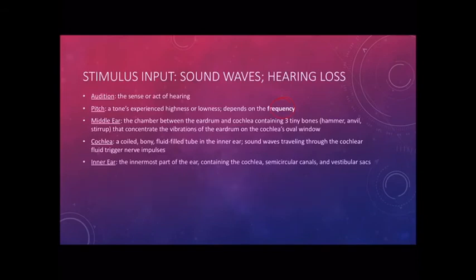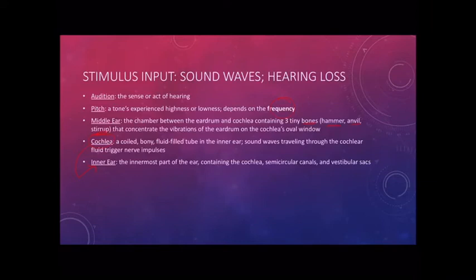Okay. And then we want to know about the middle ear, the cochlea, and the inner ear. So you want to know that inside the middle ear is where we have these three bones, the hammer, the anvil, and the stirrup. And that the middle ear exists between the eardrum and the cochlea. And then we have the cochlea, which is a bony, fluid-filled tube inside your inner ear. And your cochlea is really what's responsible for transduction.